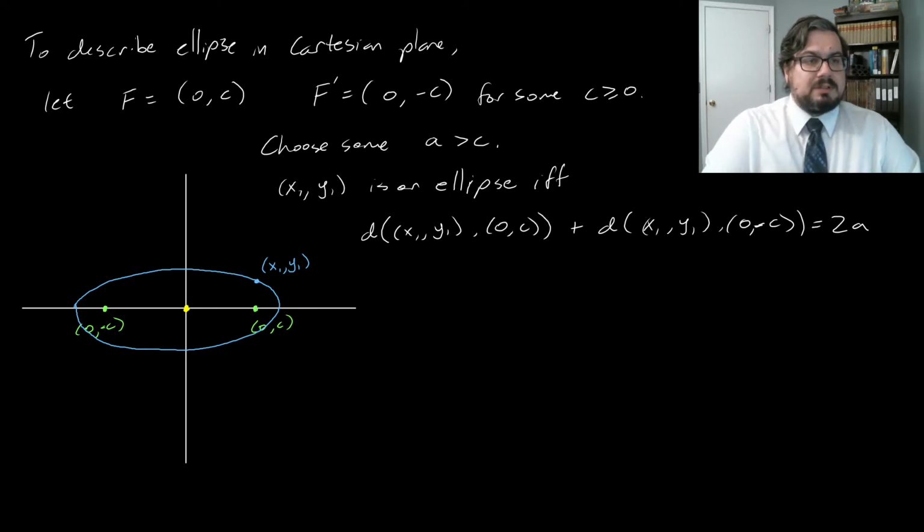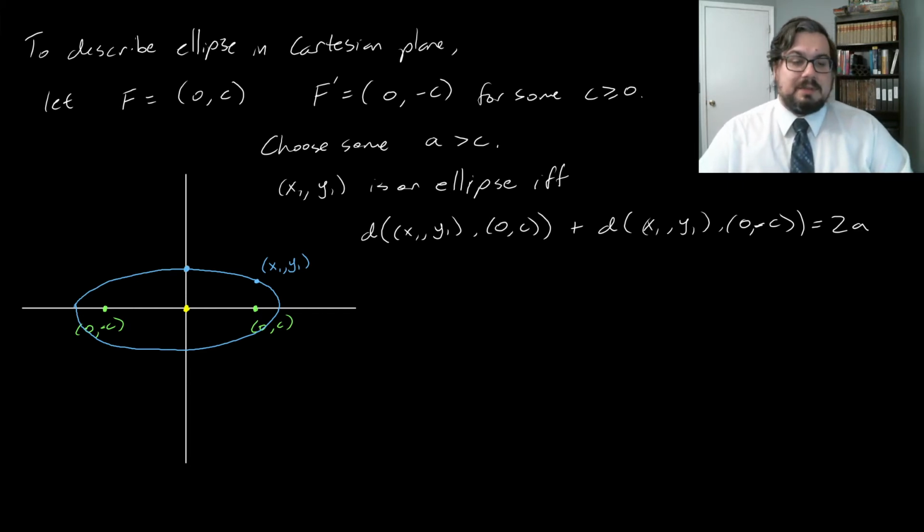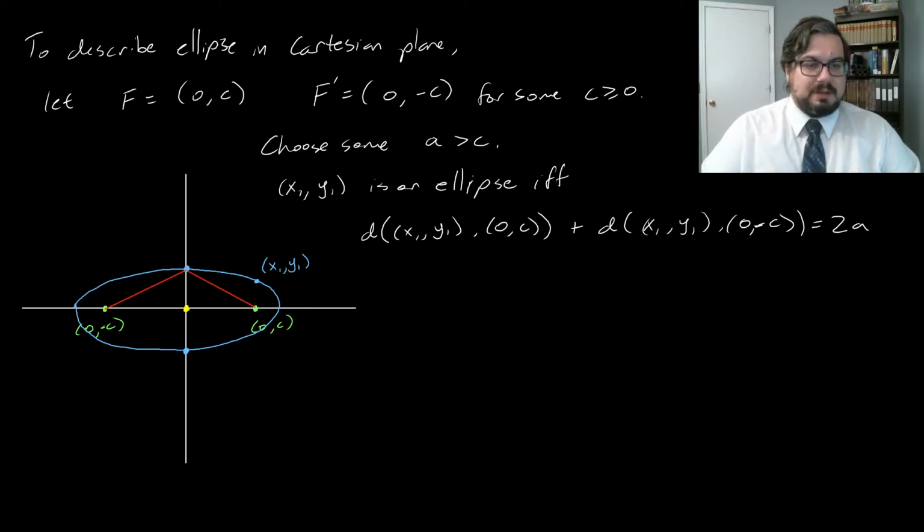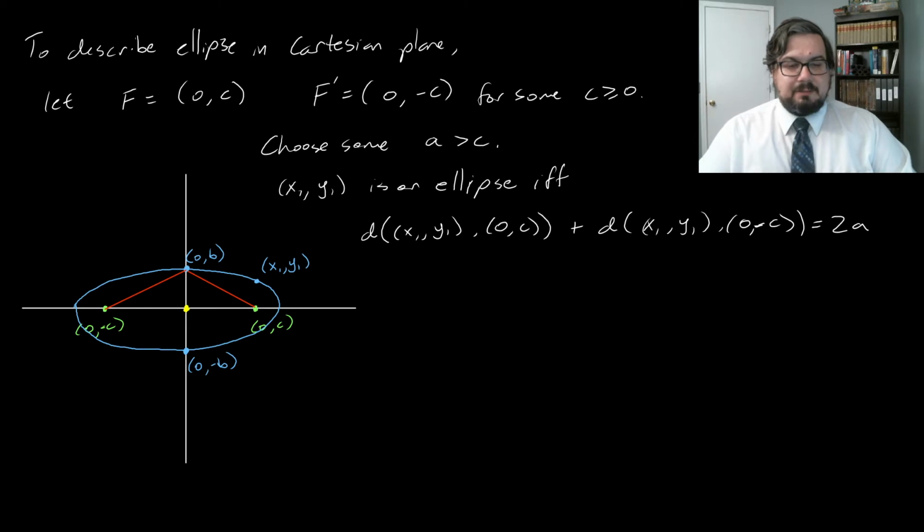The first thing I want to look at is this point up here and this point down here, the y-intercepts of this ellipse. Now, this point I'm going to call 0, b and 0, negative b.